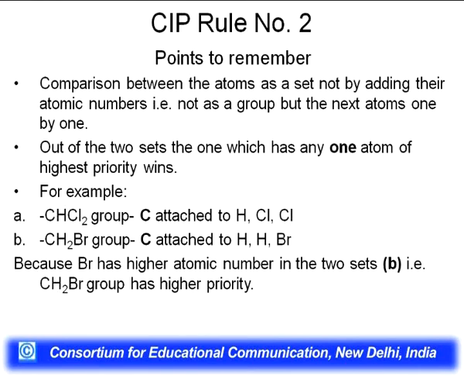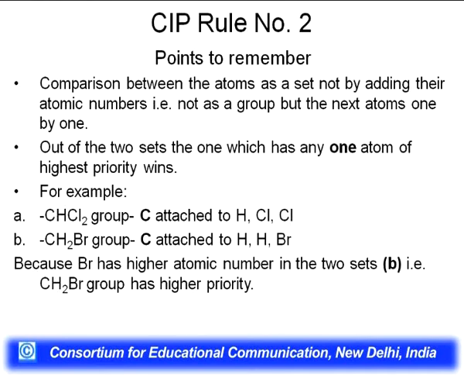Sometimes what mistake do we make? We take into account that there are 2 chlorines in the first group. So, how could I compare 2 chlorines with 1 hydrogen and bromine? This is ambiguous. So, for this purpose I have told you that you just need to see the highest priority atoms in the 2 sets and compare those.